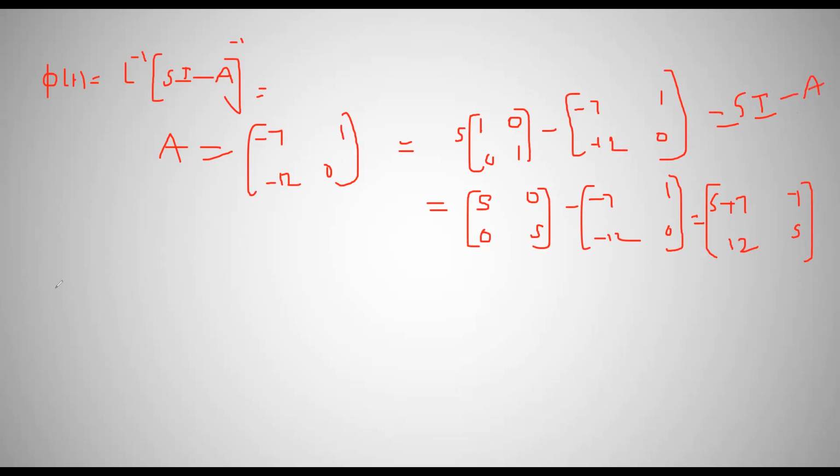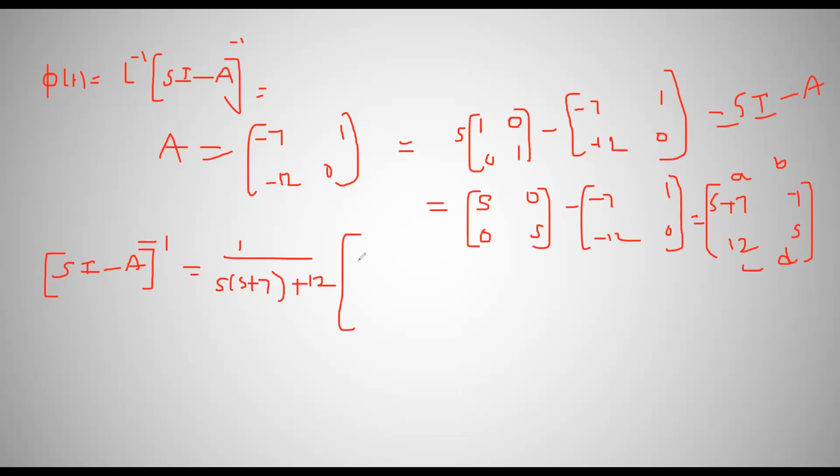Next, what is the SI minus A whole inverse? SI minus A whole inverse. So this is SI minus A. So this is A, B, C, and D. So 1 by AD minus BC. So S into S plus 7 minus into minus plus 12.